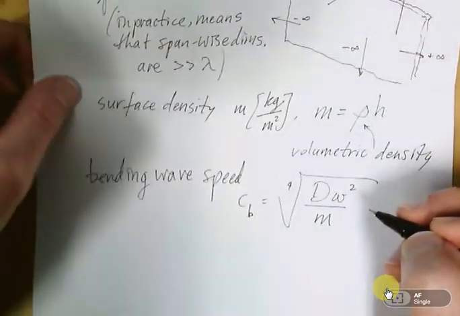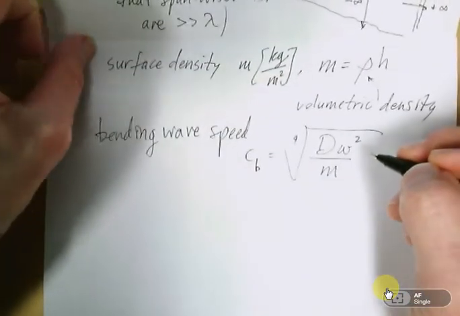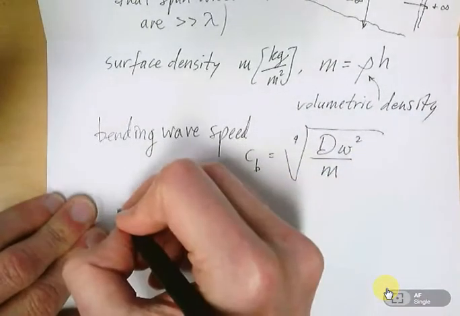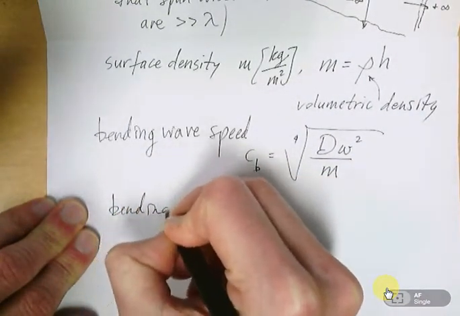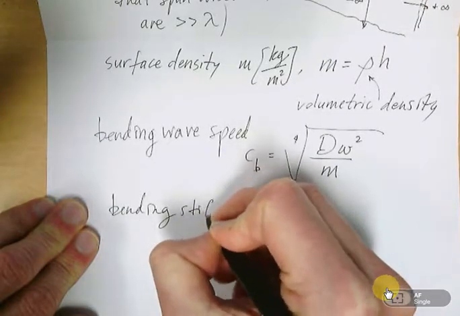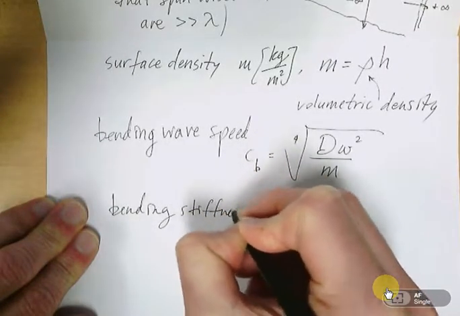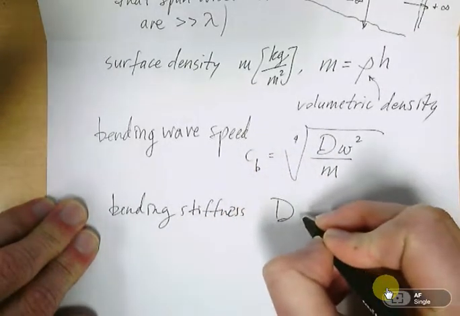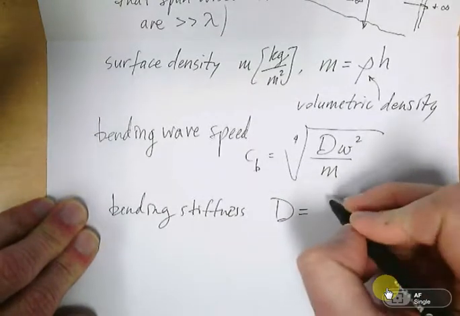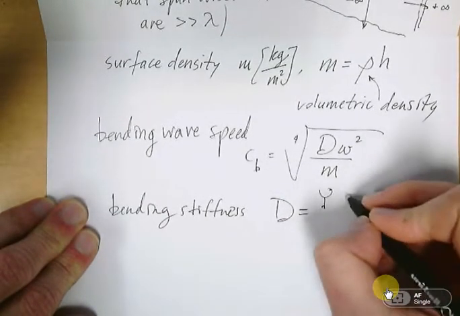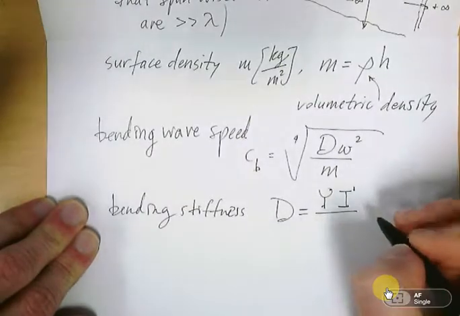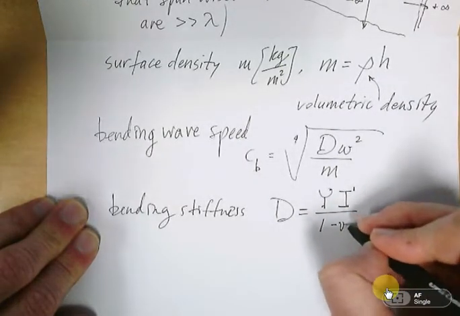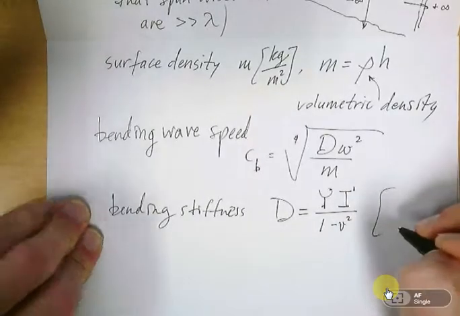So to write out what I just spoke, the bending stiffness D is equal to the Young's modulus times the second moment of area, I prime, divided by 1 minus nu squared, which is nu is the Poisson ratio.